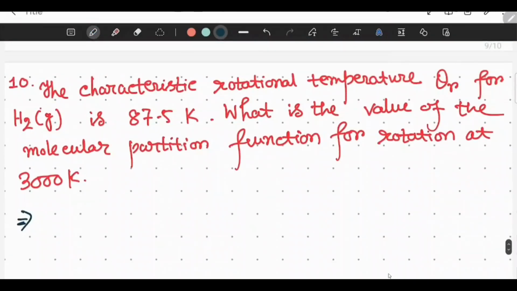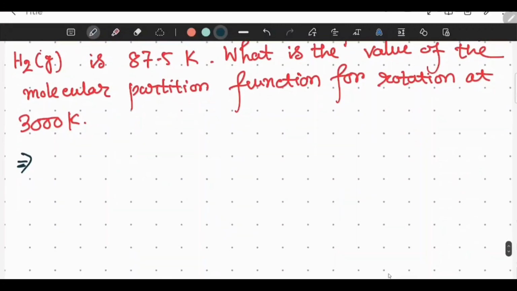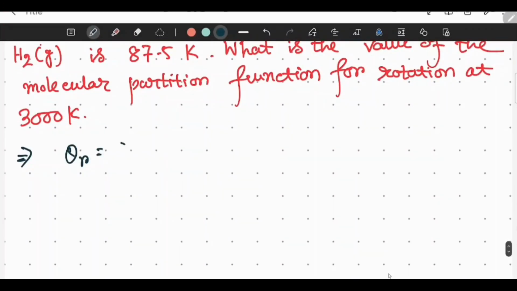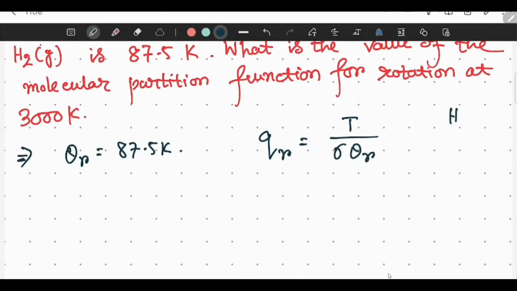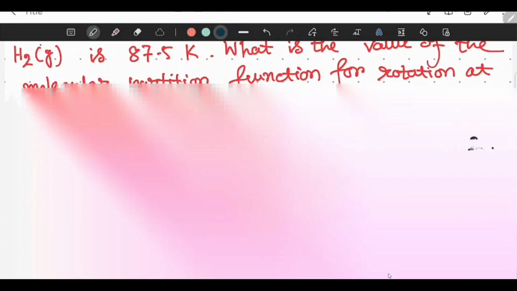So what is given? Theta r is given, 87.5 Kelvin. And we have to calculate. We know that q_R equals T by sigma into theta. Sigma is our symmetry number. And for H2, we know sigma is 2.